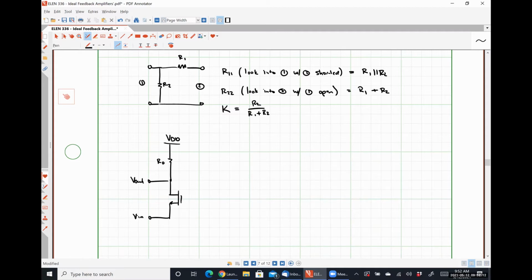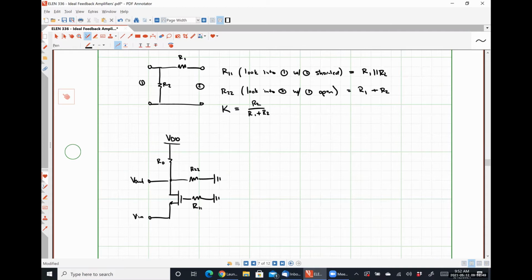So we simply place R22 between our output and ground. R11 is the resistance we saw connected to the input. So we're going to place it between the input, or the gate, and ground. This is our open loop circuit, by which we can determine our open loop gain.